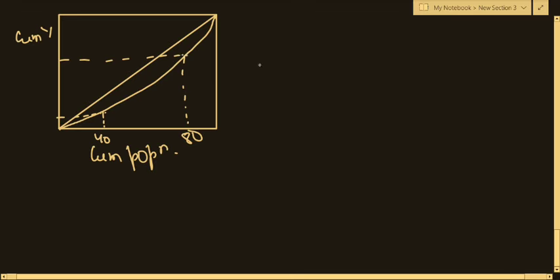Okay, now we're transferring from the 40th percentile to the 80th percentile because the people at the 40th percentile are poorer than the 80th percentile. Okay, so how would this be depicted?